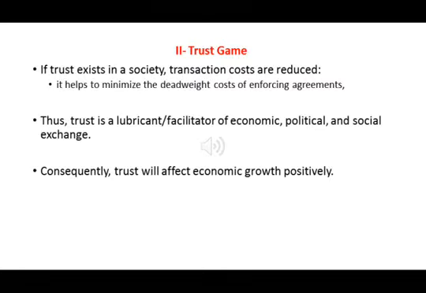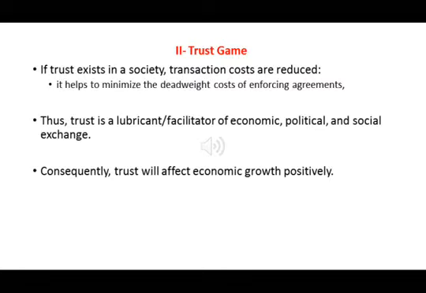Trust is important because if trust exists in any society, transaction costs will be reduced. If you remember, transaction costs are any costs associated with any economic transaction. So let's take, for example, a transaction where an individual is going to buy a car from someone else or is going to buy an apartment from someone else.